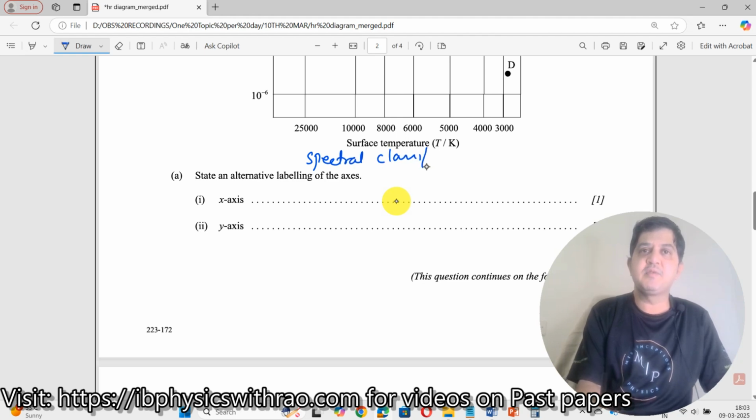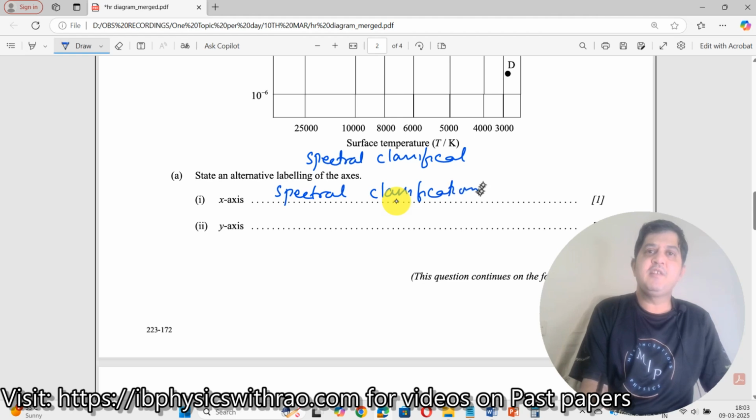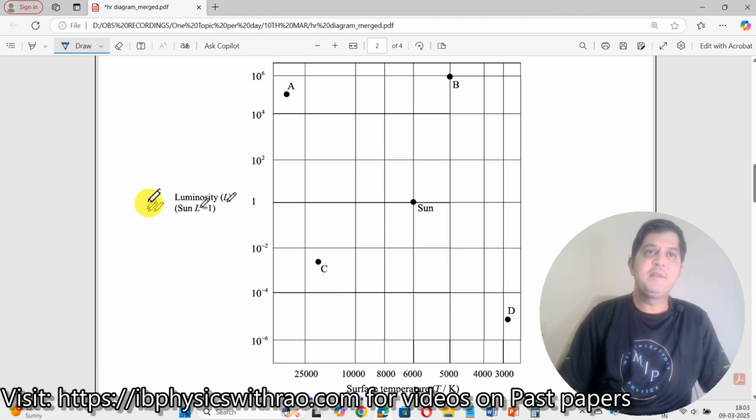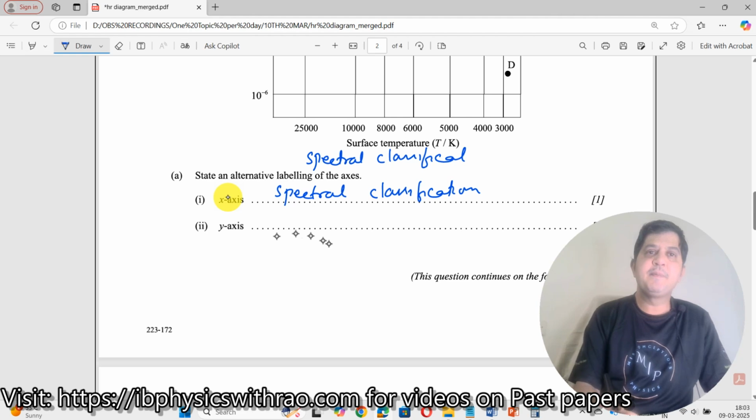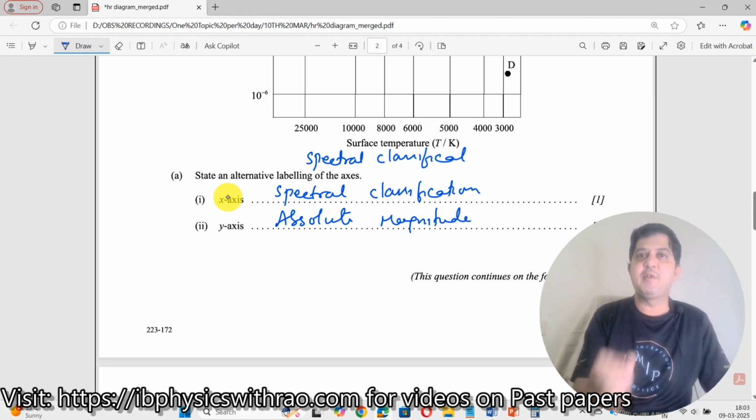You can write along the x-axis, it is spectral classification, and along the y-axis, you have luminosity. Here you can also have absolute magnitude. These are the two alternative axes that you can have.